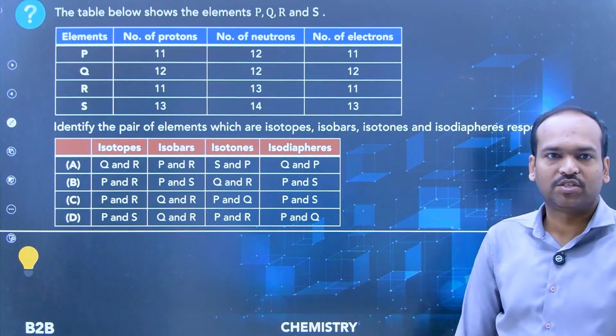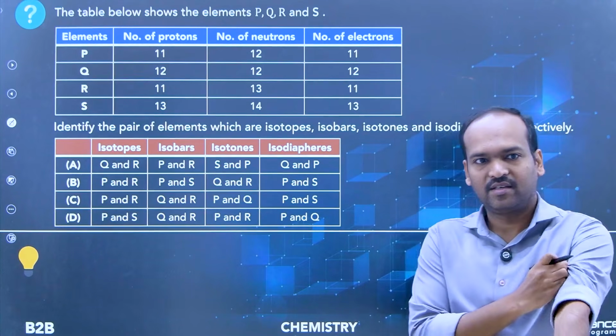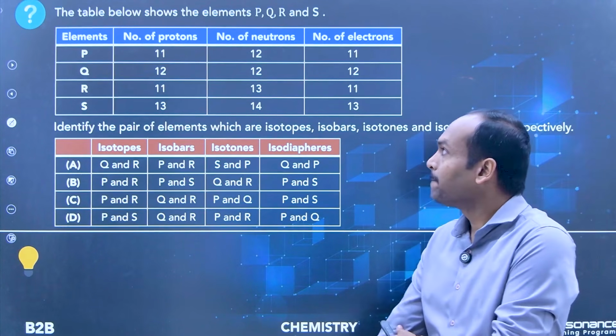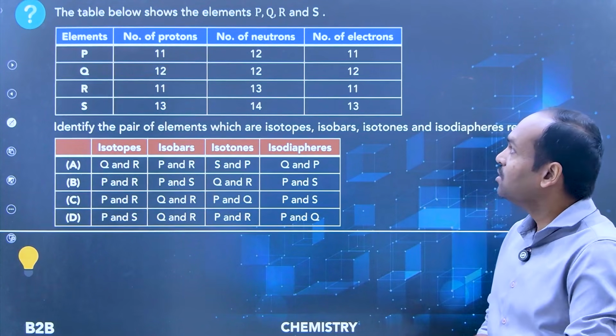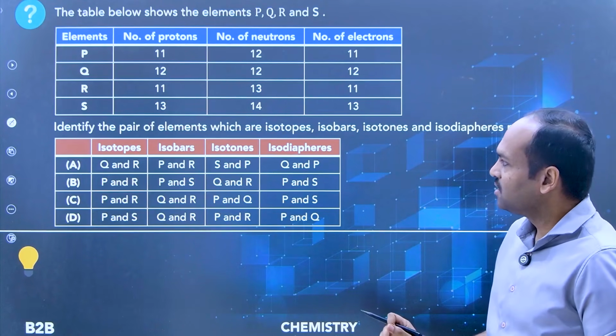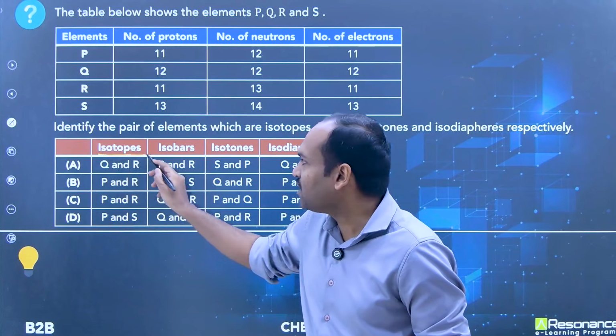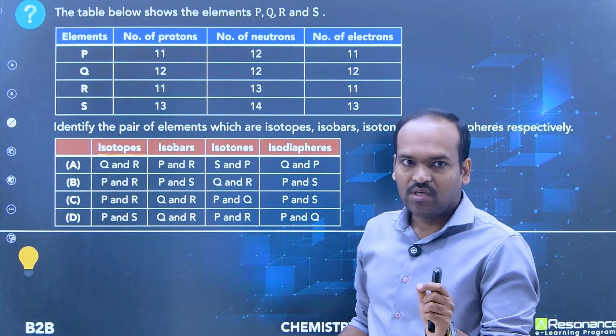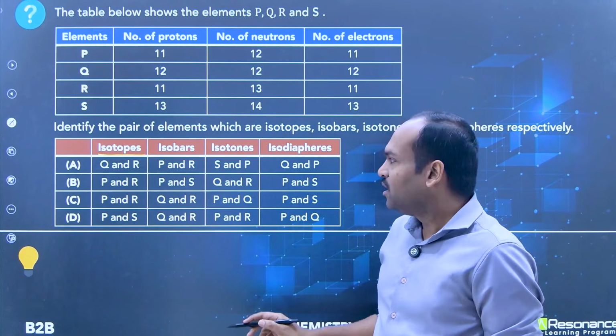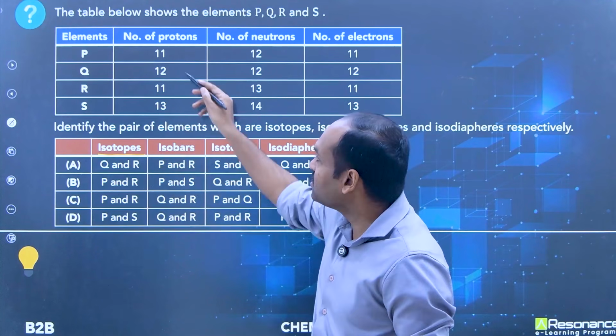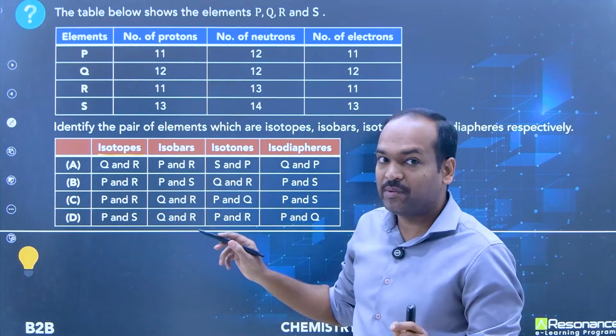This is a good question. Try it. The table below has P, Q, R, S. If I go with the options, they are saying isotopes. For isotopes, we have to check the same atomic number, the same number of protons.